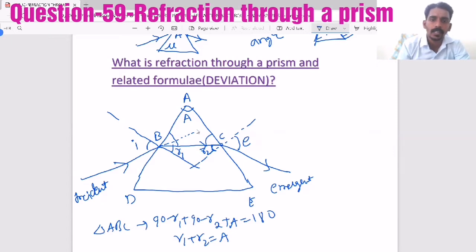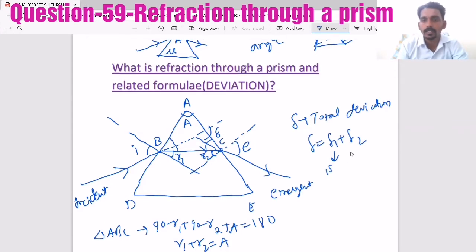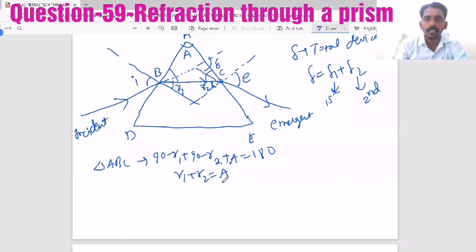And this is the final ray. This is the initial direction. So there is some deviation that is called delta. Now delta is the total deviation, so that deviation is delta 1 plus delta 2. This is at the first surface. This is the deviation produced at the second surface. Now in the first case, the deviation is from rarer to denser, that's why I minus R1.